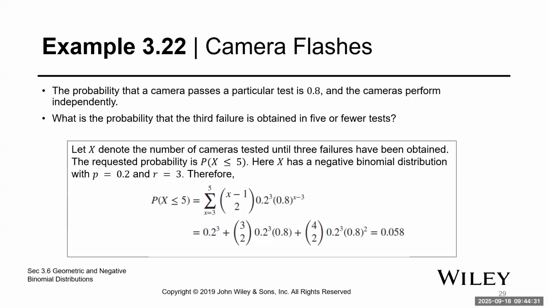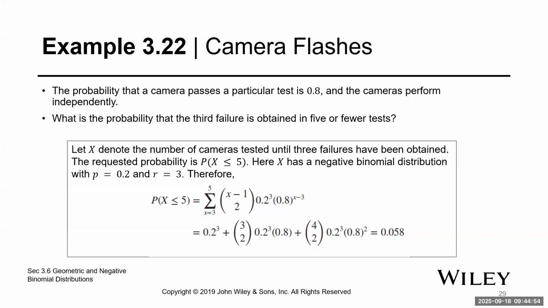So my probability of a failure is 0.2, but that's what I'm looking for. So I want to use the 0.2, not the 0.8. And then I'm looking at all of these conditions up to 5 tests. What's the likelihood that I have 3 failures within that time? And so it's a negative binomial.